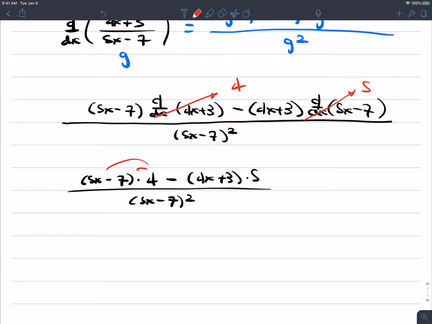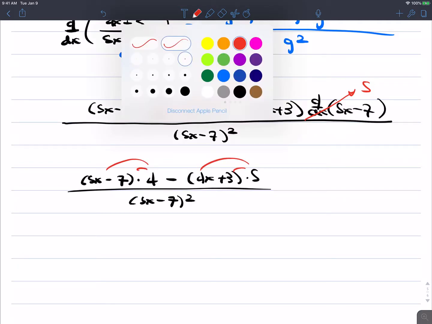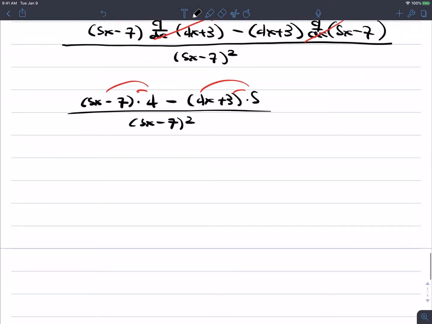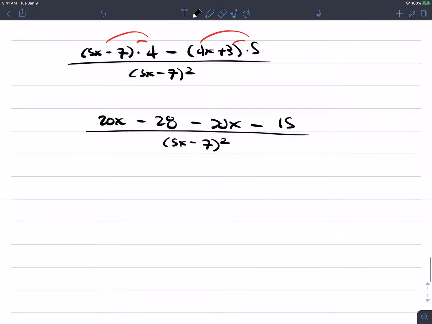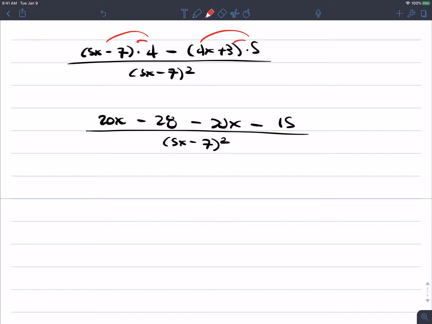And we get to distribute. Here we go. 20x minus 28 minus 20x minus 15, everything over 5x minus 7 squared. So we're going to combine our like terms here. 20x and minus 20x cancel.